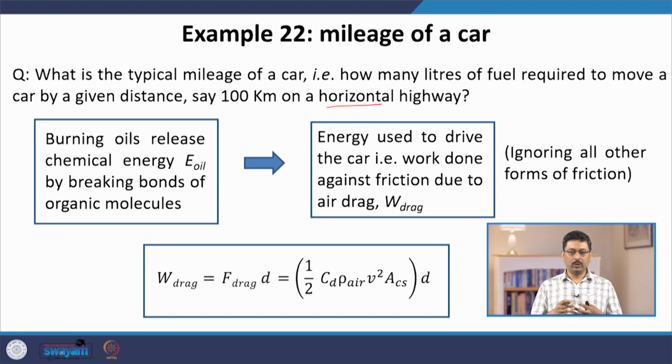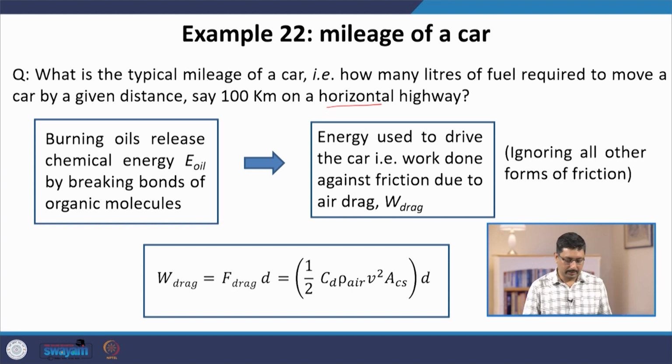Now, to do any analysis, we need some basic model about what is going on in this situation. So, here is our simple description of the process. The process means that a car starts from point A on a highway, moves 100 kilometer and stops. So, what happens?